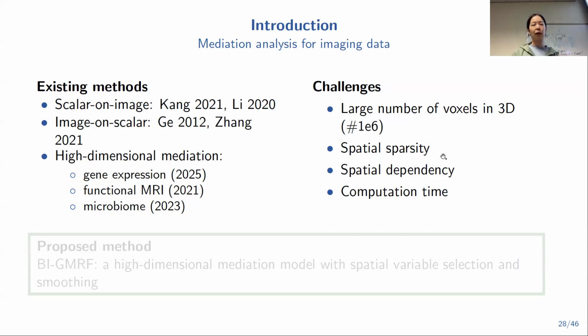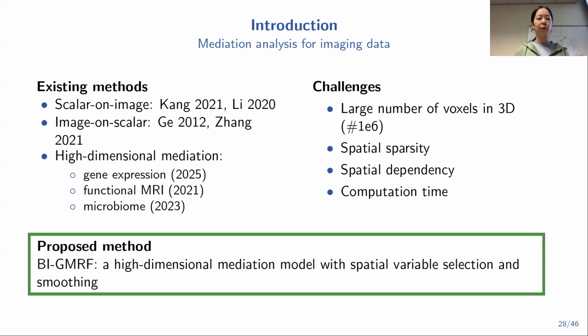And we have spatial sparsity because, given the large p small n setting, we don't expect every pixel to be significant, and it also makes sense in the real case, since not every brain region matters. We have spatial dependency because it's imaging data, and we also hope to have a nice computational time because we don't want our code to run forever.